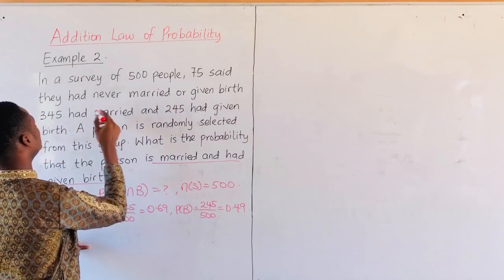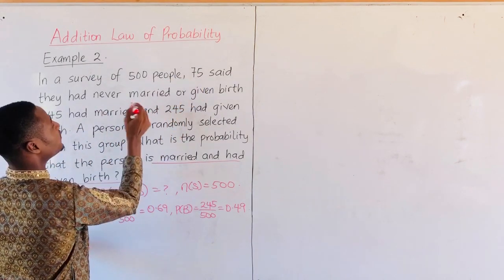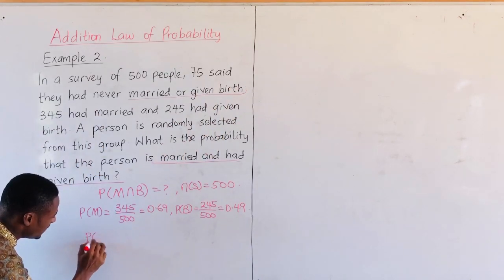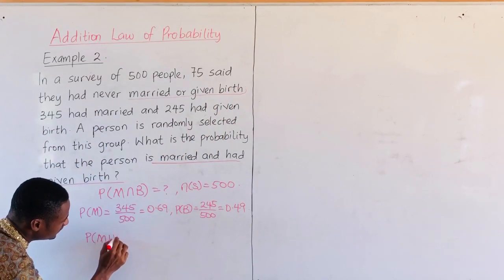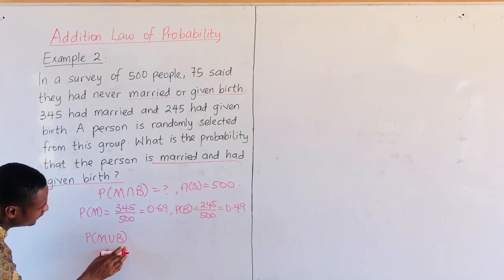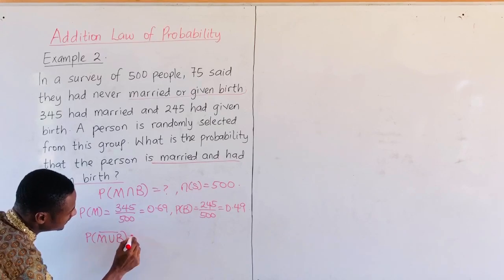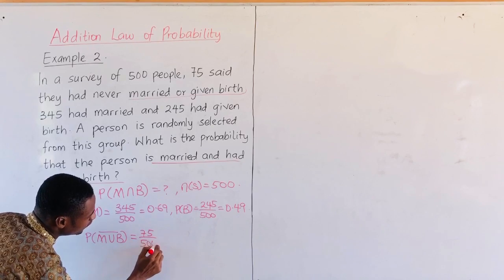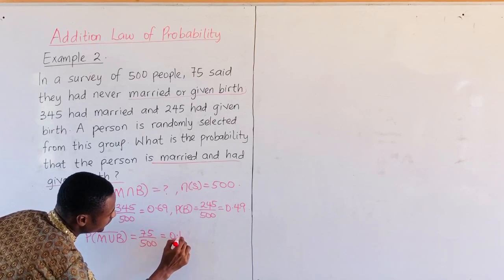Then we are given the number of people who said they had never married or given birth. This is married or giving birth, so the complement is never married or giving birth. That is 75 over the sample space, 0.15.